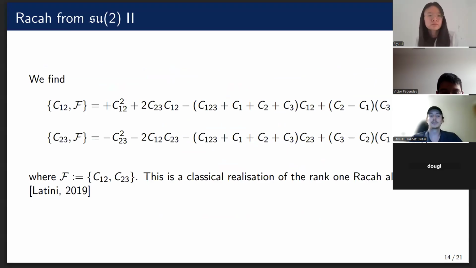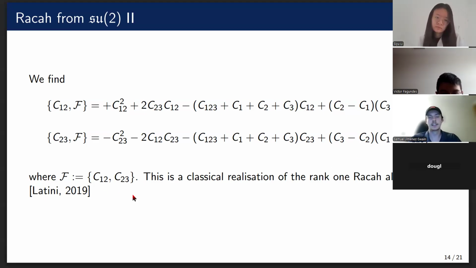So we can define this as a new generator of the algebraic substructure, which we will denote F. Then computing the Poisson brackets of F and the 2-site integrals, we find these quadratic relations in terms of all other integrals of motion. This is a clear exhibit of the classical realization of the rank 1 Racah algebra, as was seen by Latini and others in 2019.